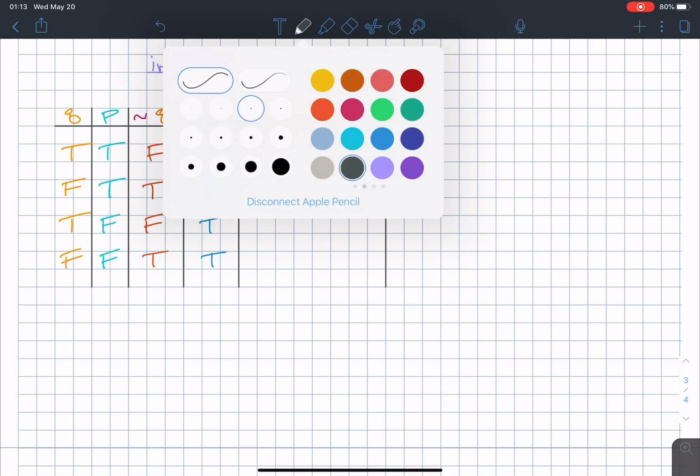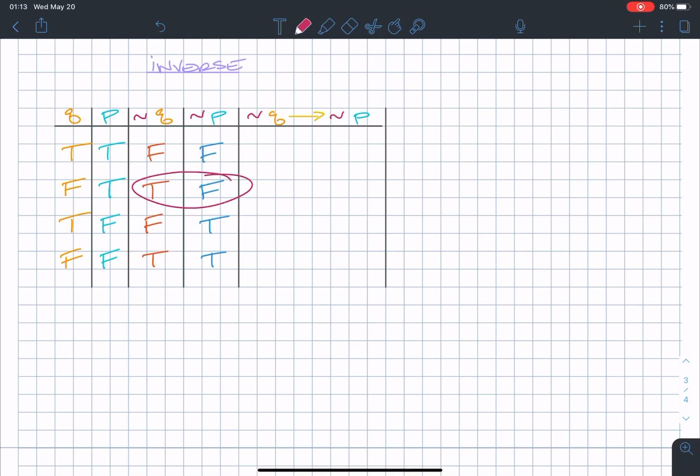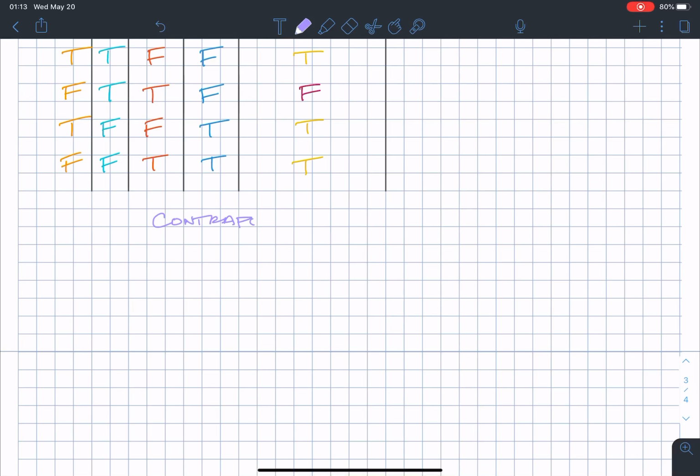Well, the only time this is false is when true implies false. So that would be in the second case. Everything else is true. True, true, true. Okay, so that was the contrapositive.